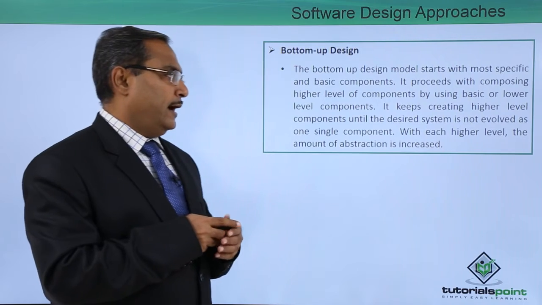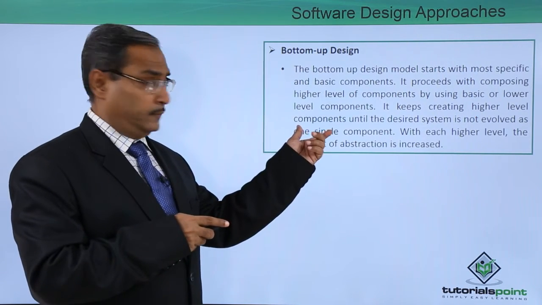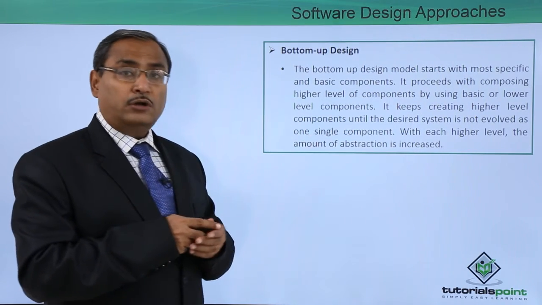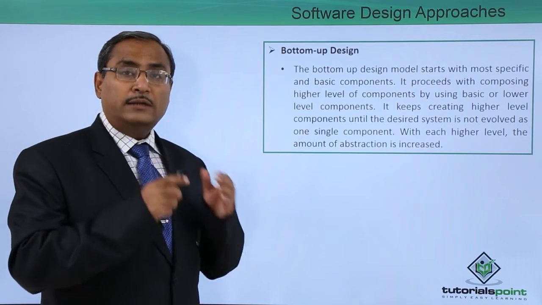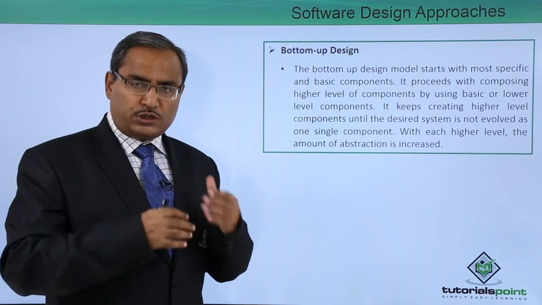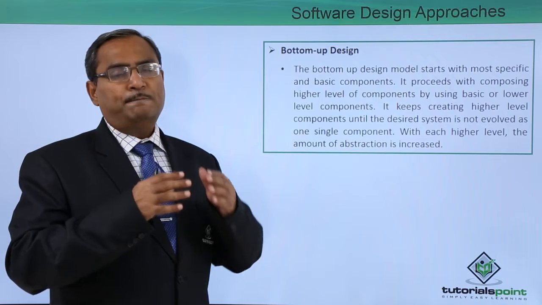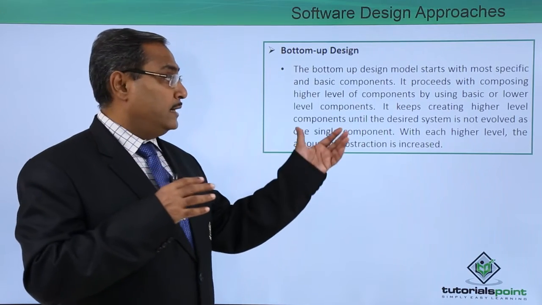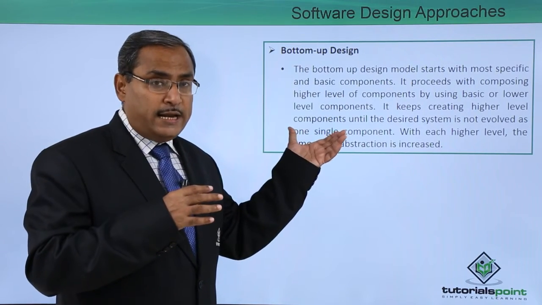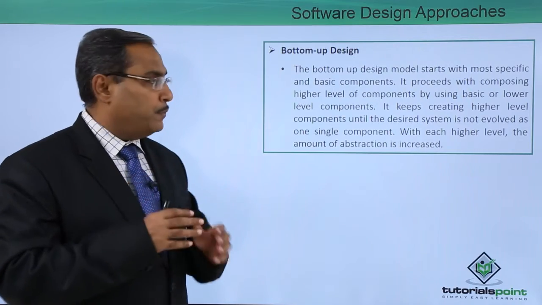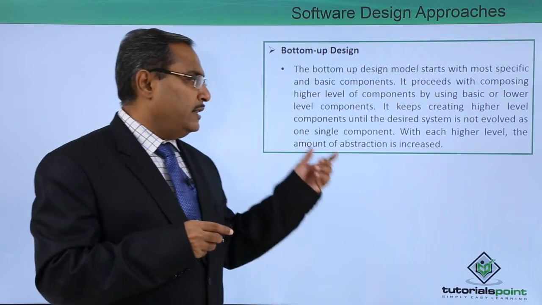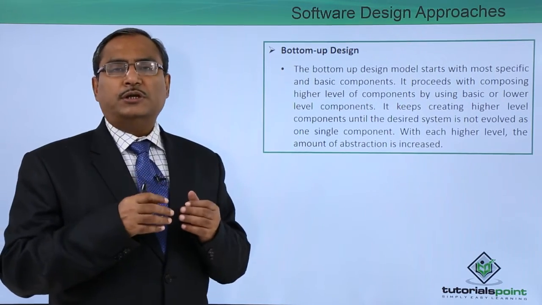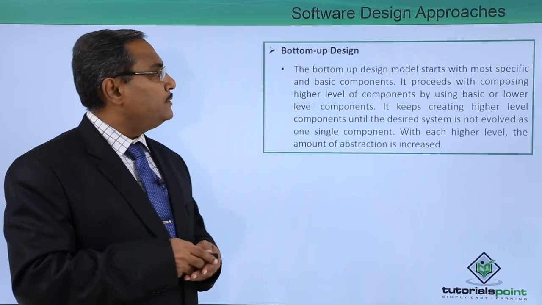It keeps creating higher-level components until the desired system is evolved as one single component. This process continues until the main system you were intending becomes a single component. With each higher level, the amount of abstraction also increases.